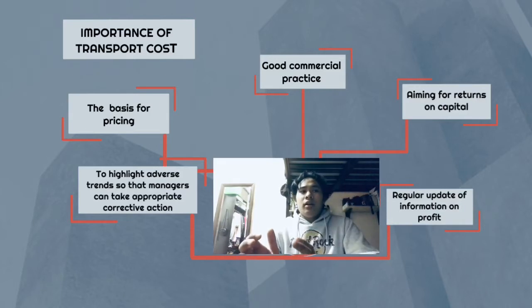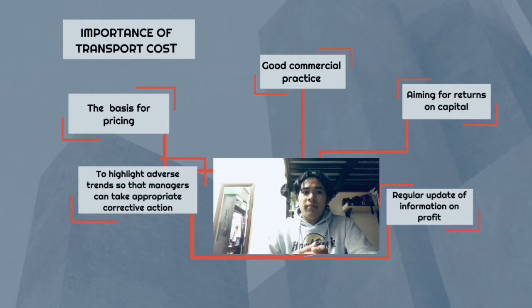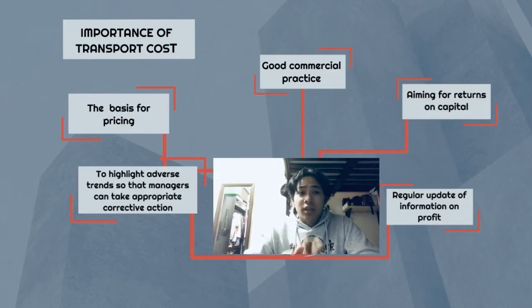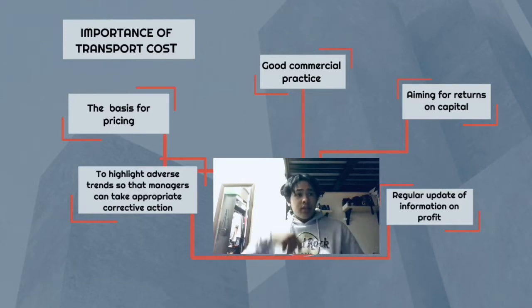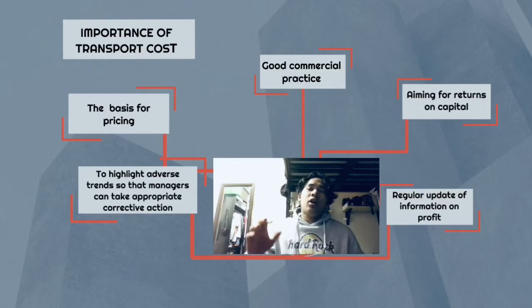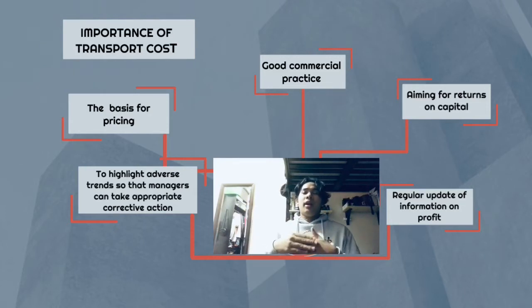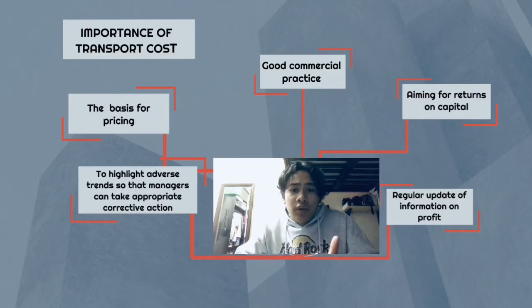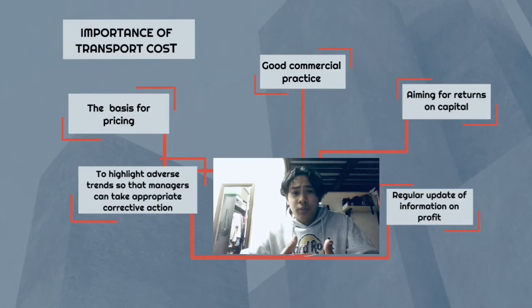If you understand transport costs, you are able to update your firm with new information, whether the company is undergoing losses or profit. The next one is the basis of pricing. If you understand how costs work in transport, it is a basis for pricing, so that you know what price you should put for certain things.